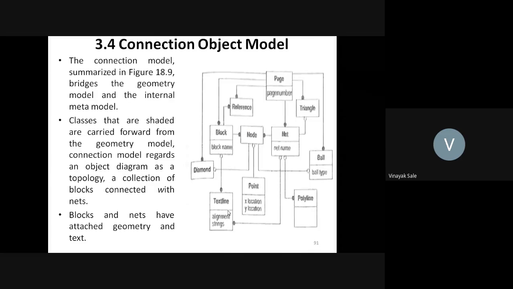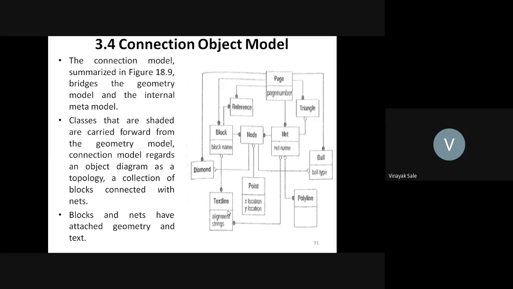Then the connection object model. The connection object model bridges the geometry model and the internal meta model. Classes that are shaded are carried forward from the geometry model and connection model towards an object model as a topology, a collection of blocks connected with nets.